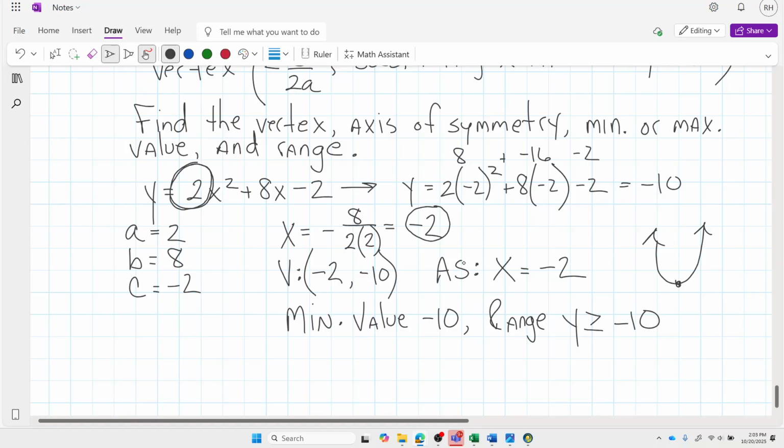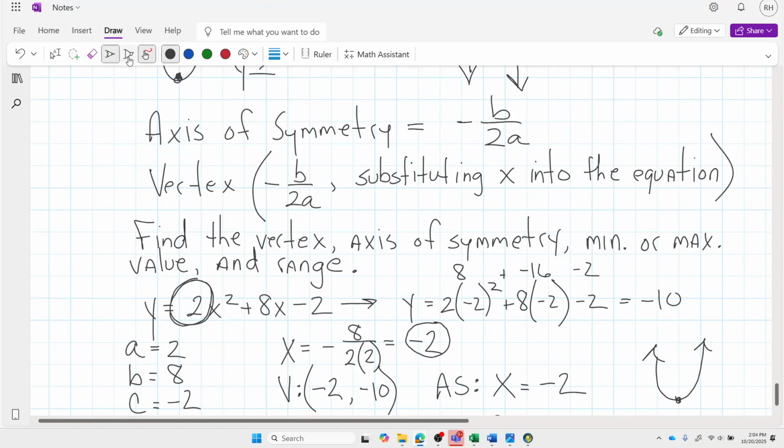Anybody have any questions on how to find those 4 different things related to a function in standard form? A little bit louder. Okay, the vertex, this negative 2 came from right here.